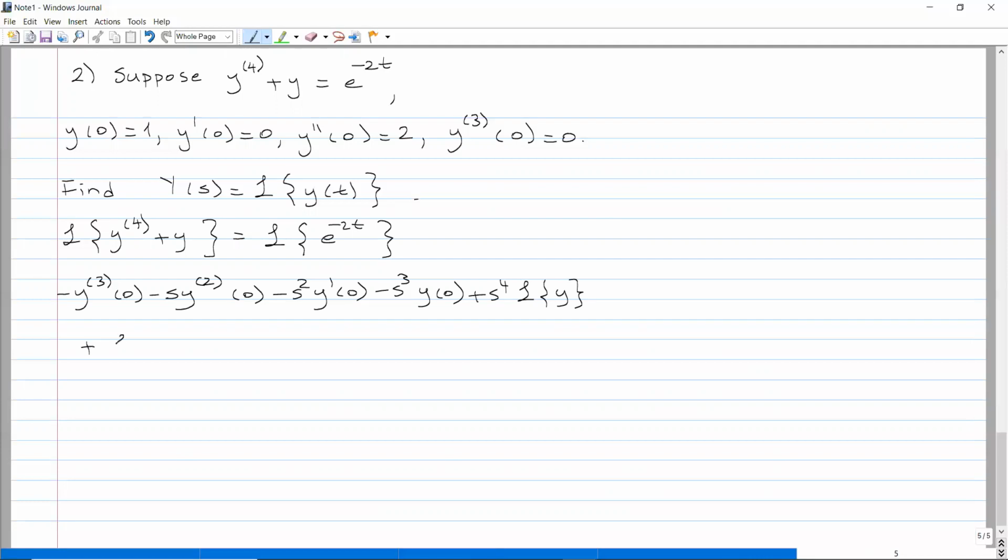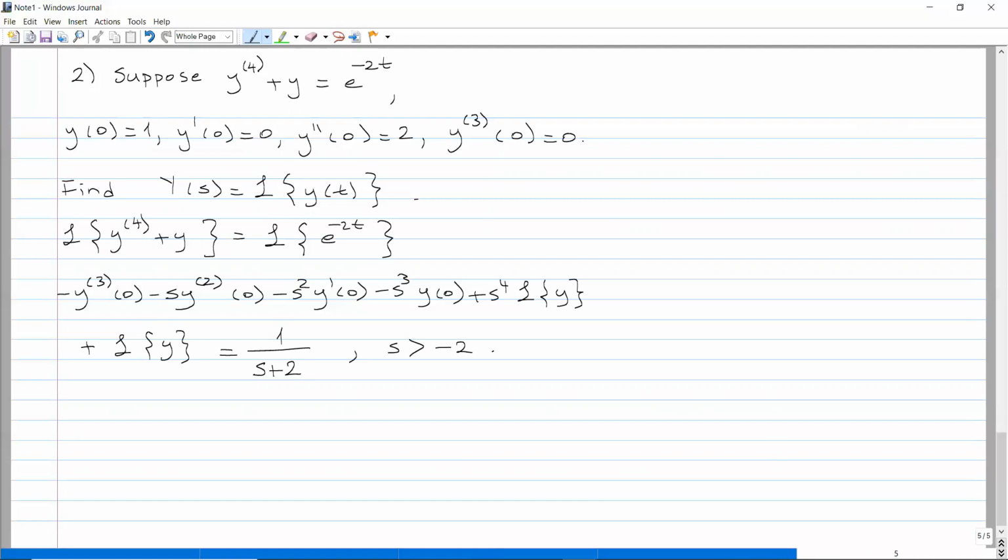And then we have plus Laplace transform of y equals Laplace transform of e to the minus 2t. Again, remember from last lecture, in general, Laplace transform of e to the at is 1 over s minus a. So 1 over s minus minus 2, so 1 over s plus 2. And this is for s greater than minus 2.